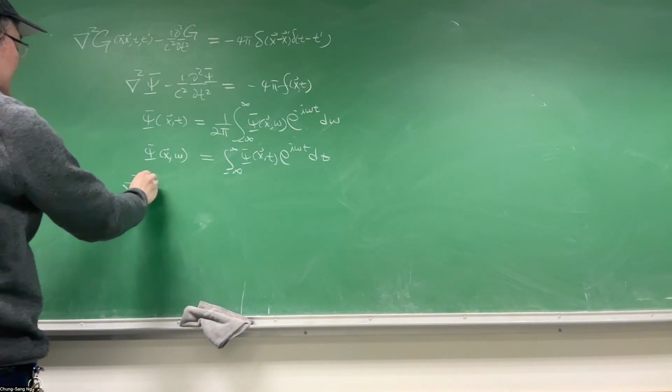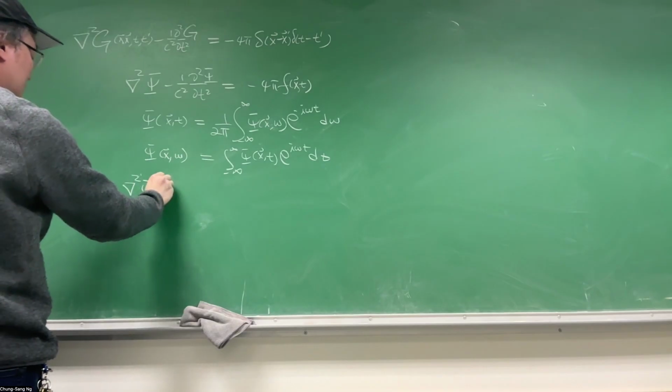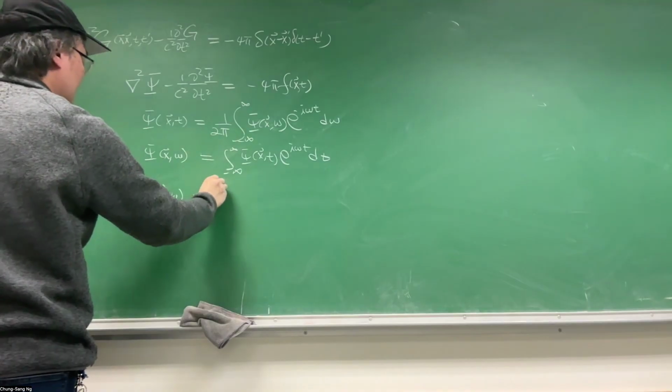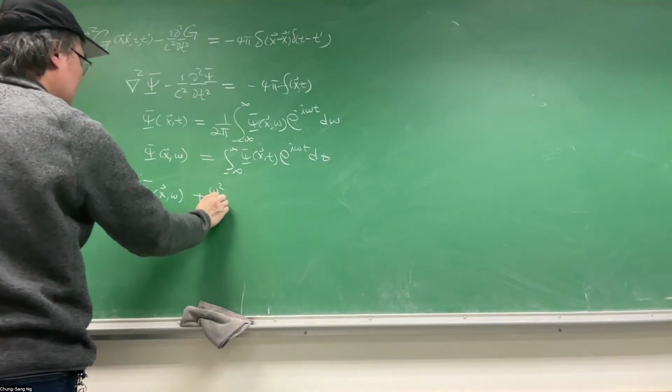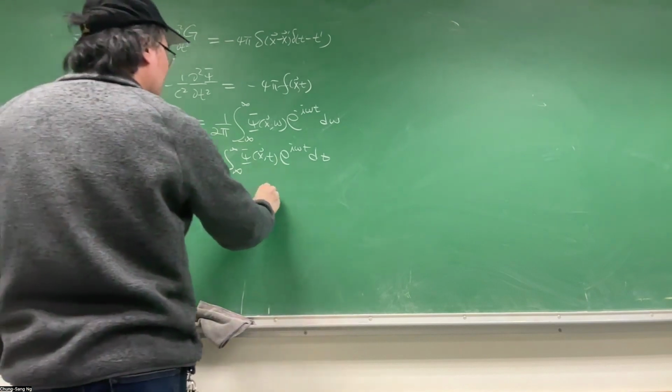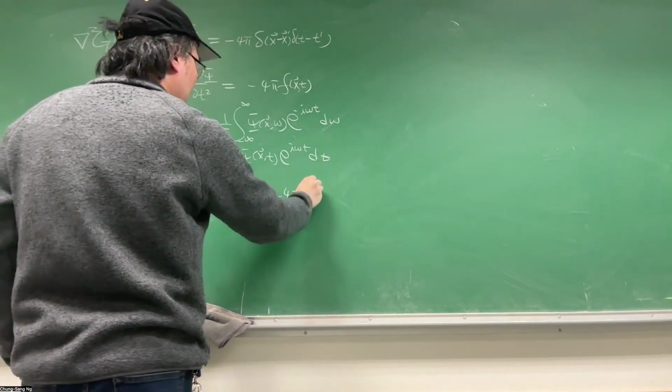The Laplacian of phi of x and omega plus omega squared over c squared times phi, and the right hand side would be the Fourier transform.